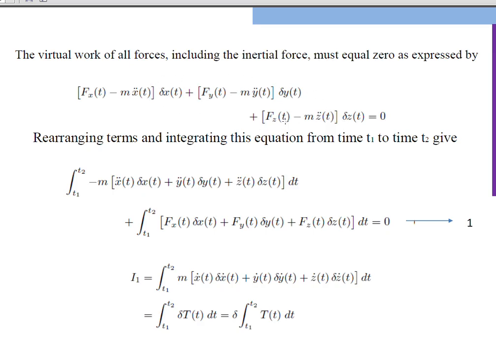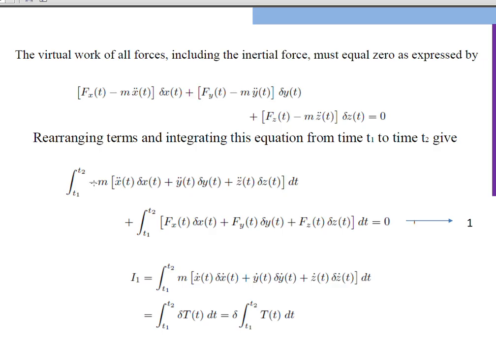This is the total work done by the body. Here we are considering external loads and internal loads due to the inertial force, multiplied with the virtual displacements. The resultant of these forces should be zero when we apply the Hamilton principle. If you rearrange the terms and integrate this equation from time t1 to time t2, it gives like this.